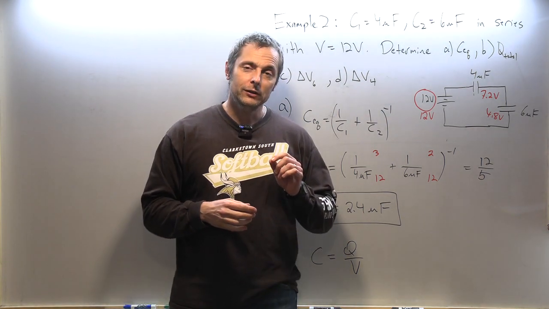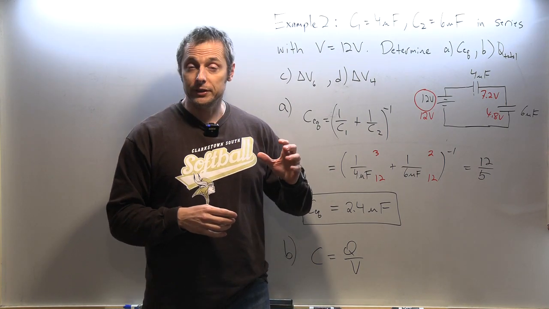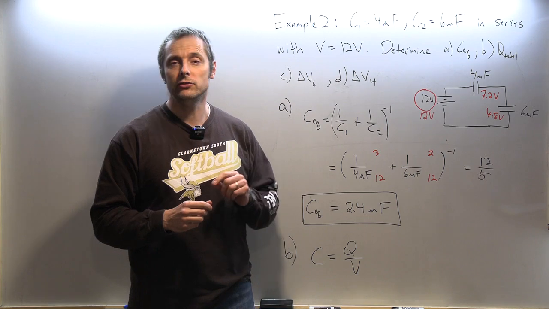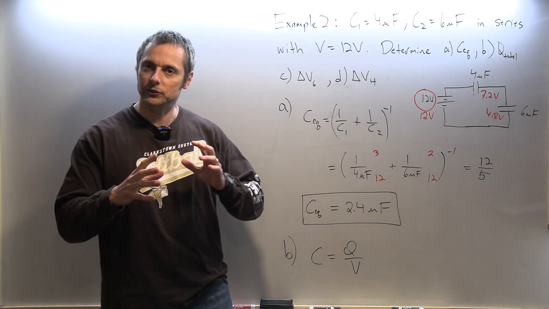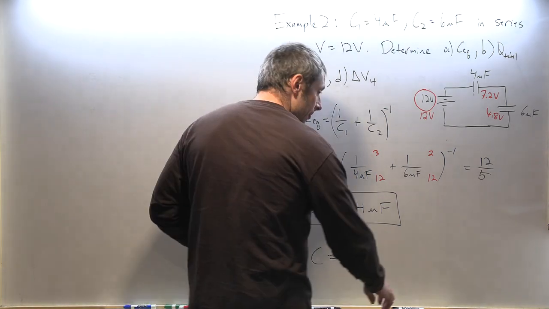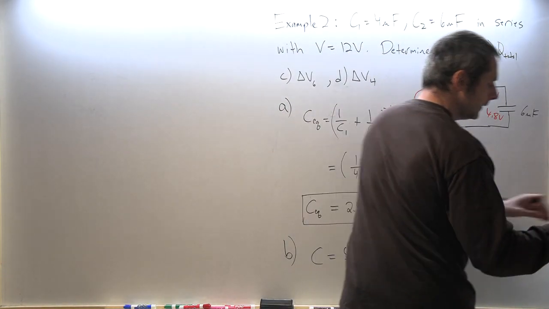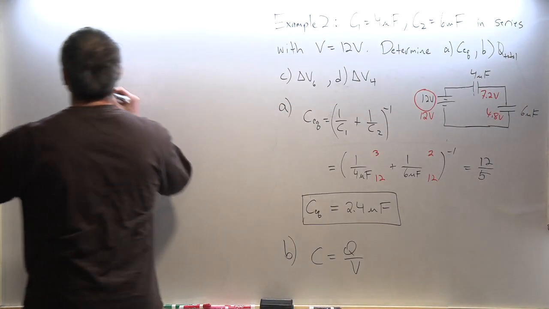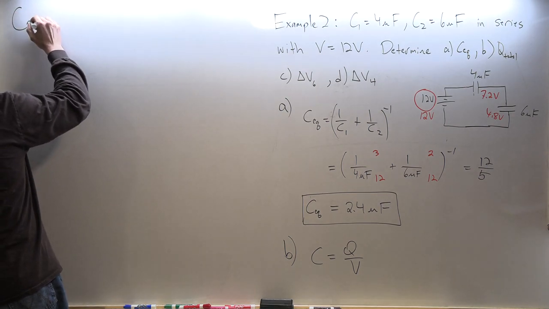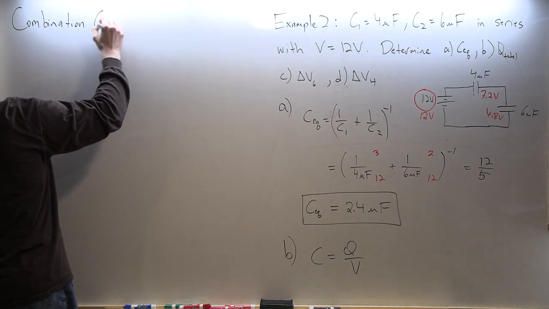So that's what we're going to look at now, a circuit that's a combination of series and parallel in different places, and see how we could analyze that to figure out voltage and charge anywhere in the circuit. So let me sketch an example. Let's see, pick some numbers. I call these combination circuits.